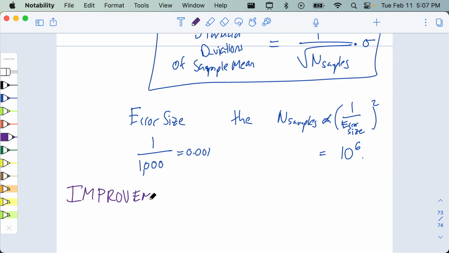Improvement number 1: estimate a plus minus using standard deviations.